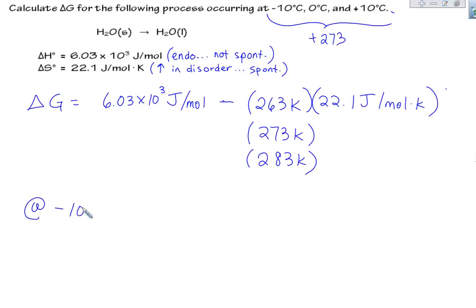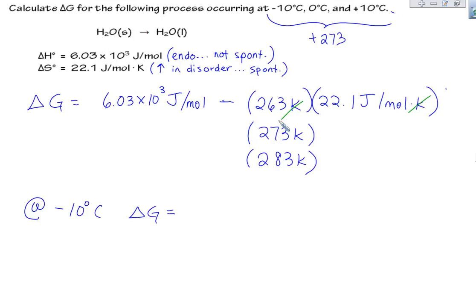Let's go -10 degrees Celsius. I plug this in, delta G equals, your units are going to be super easy. We have joules per mole minus Kelvin times joules per mole Kelvin. These guys are going to cancel. And you're going to have units of joules per mole minus joules per mole.